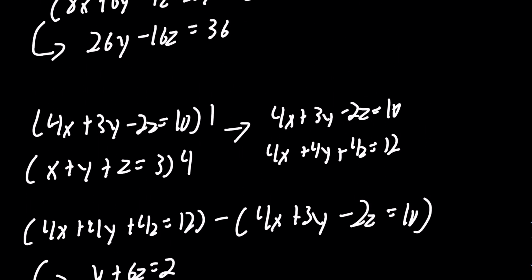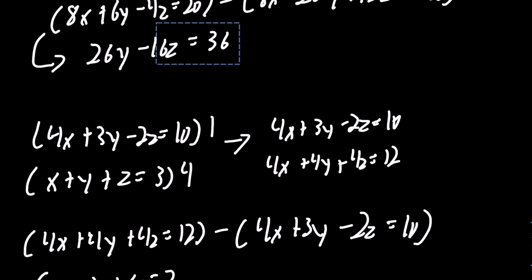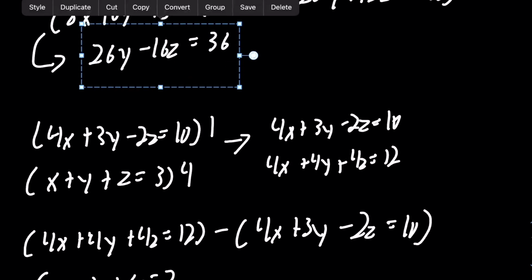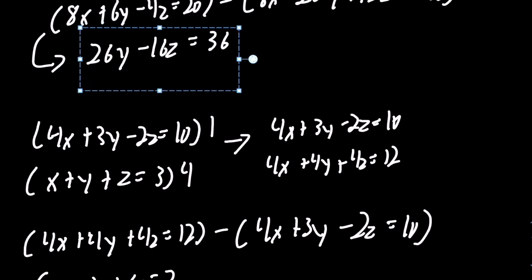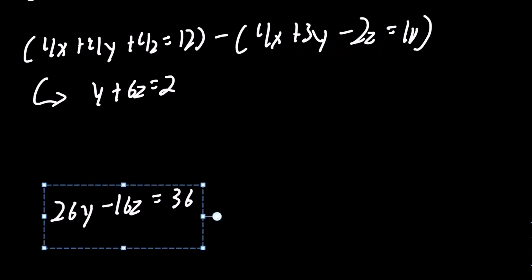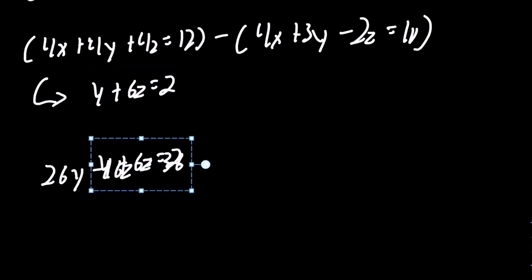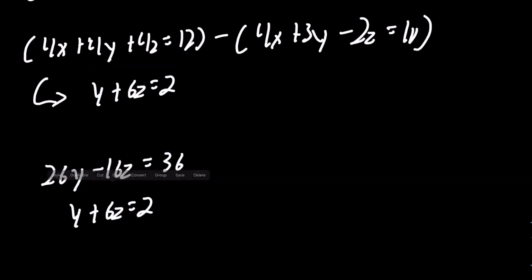Now we have a new system of equations. We have 26y minus 16z equals 36. Let's bring that down under, and we'll also grab this as our new system of equations. Perfect. Now we can solve for either y or z.